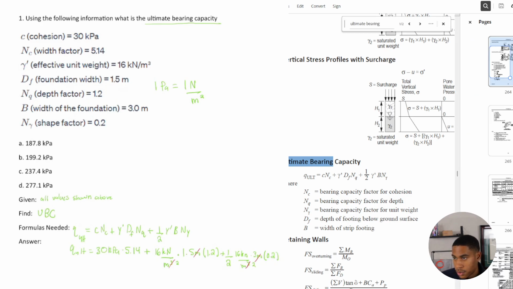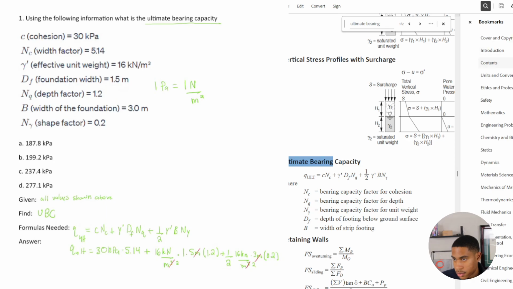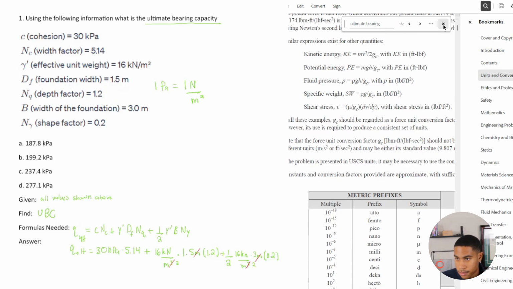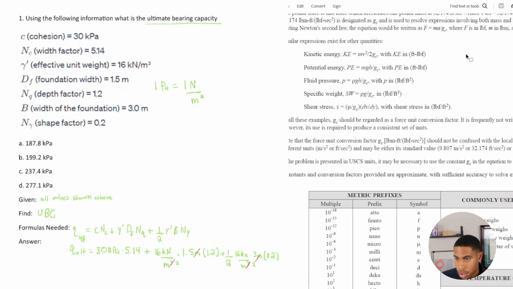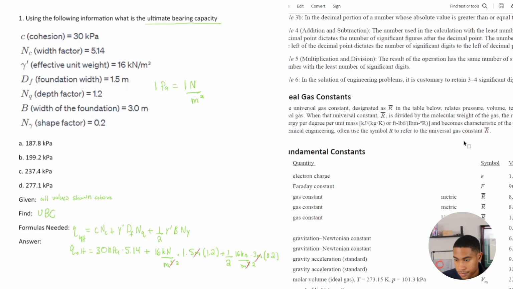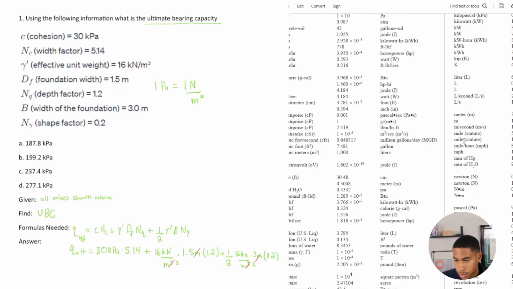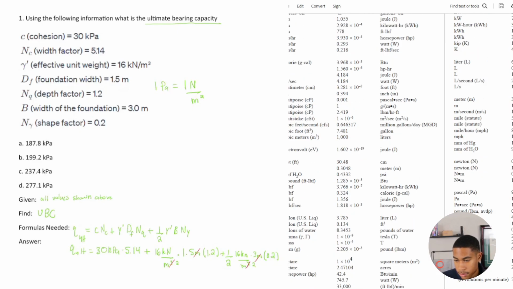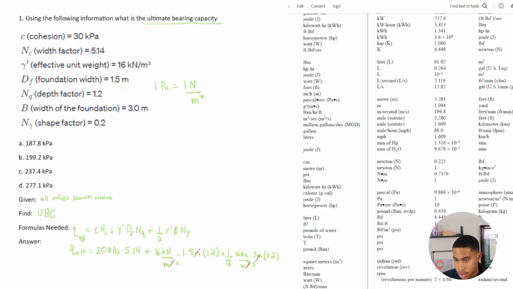If you go to your unit conversions and you get a little bit confused, just go to your bookmarks, hit unit conversions, and you will see that they give you this information as well. So 1 Pascal here is equal to 1 Newton over meter squared.